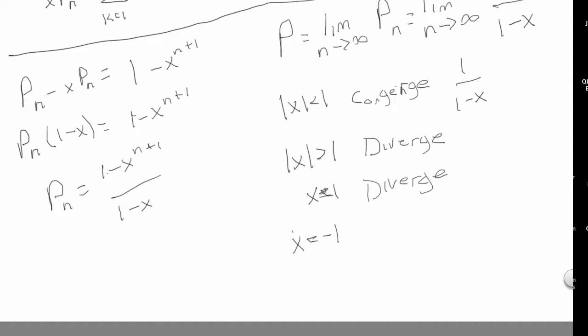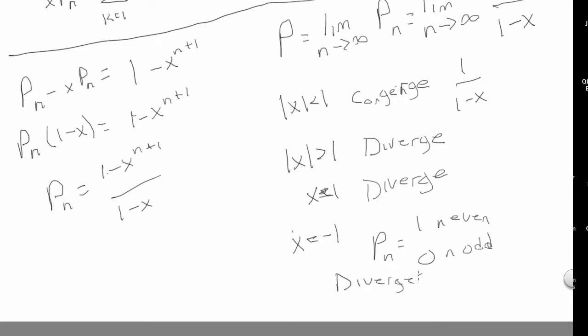Well, p sub n is going to be 1 if n is even, and is going to be 0 if n is odd. This is an alternating sequence. It does not converge by our definition of converging, so the entire series diverges.